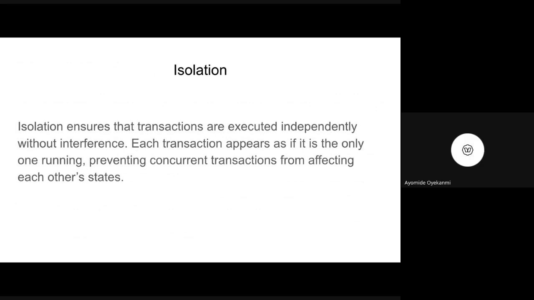What do you mean? Why does it fall on the application? Okay, let me try to explain that. Like I said, it falls more on the application and not just the database.